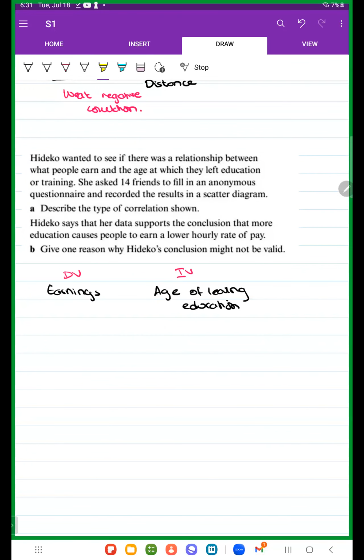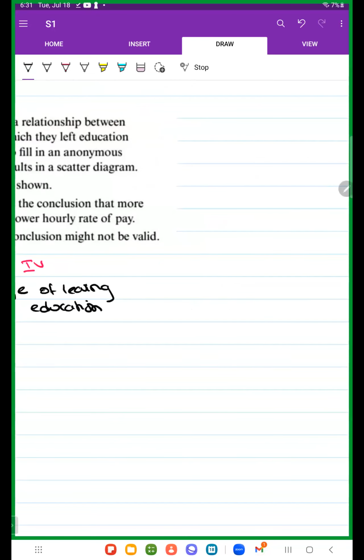Let me just show you the diagram. Just give me 1 minute.